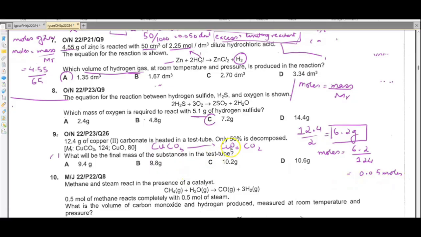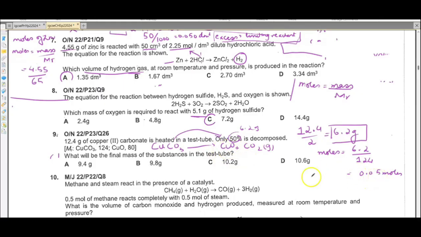And then obviously in the test tube in the end, CO2 is going to be a gas, so it's not going to be in the test tube; it is going to get out of the test tube. ठीक है? We have CuO also there in the test tube. Some of it has been converted to CuO, and 50%, yani 6.2 grams of CuCO3, is still there. So we need to find the number of moles or mass of CuO.